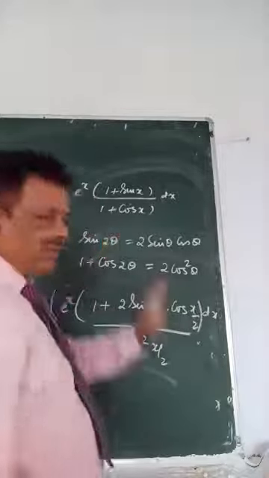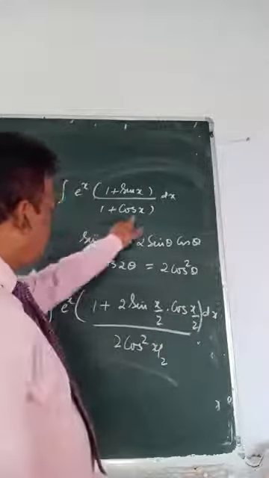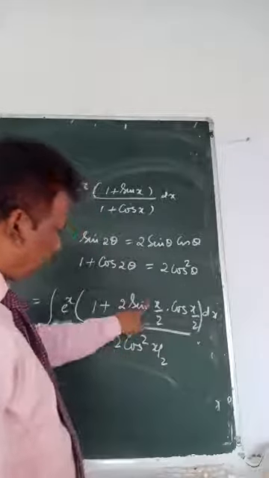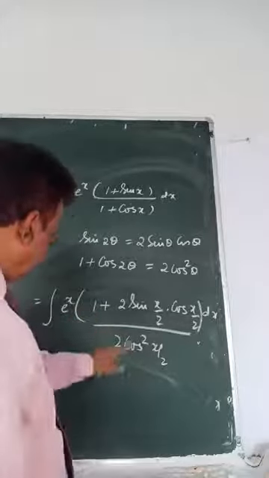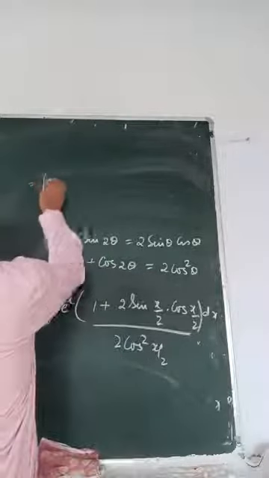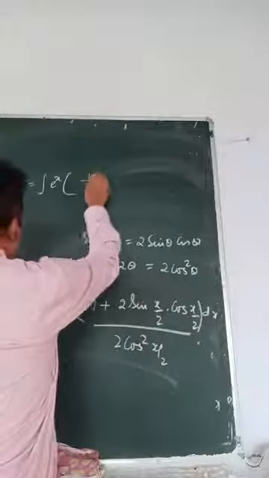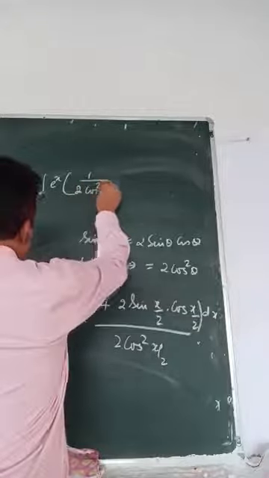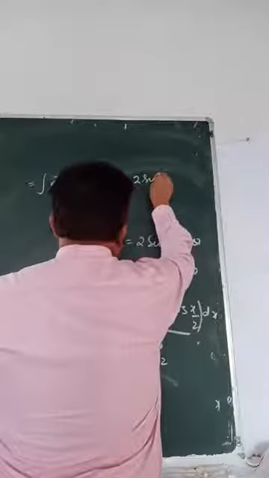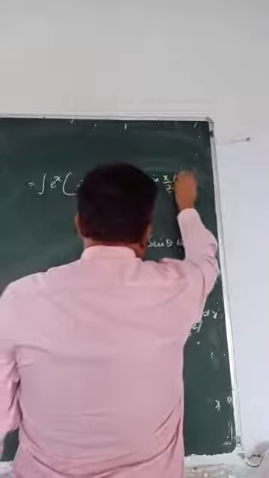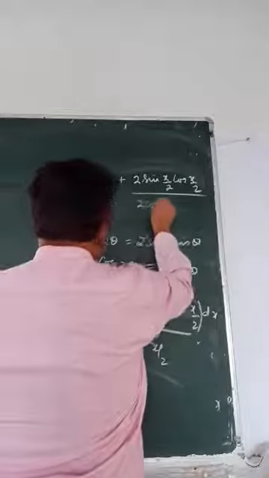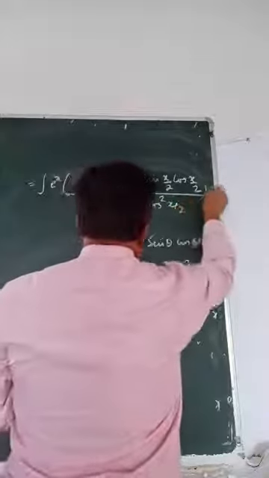Okay, so what benefit did you get? Now this 1 plus cos x is converted to a single function so that you can divide individually. So the individual division is e to the power x (1 by 2 cos square x by 2 plus 2 sin x by 2 cos x by 2 by 2 cos square x by 2).